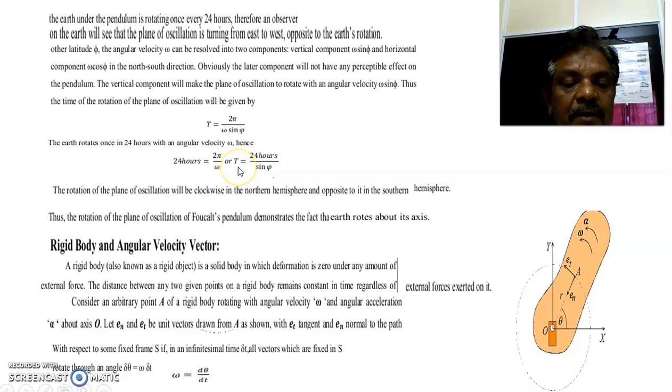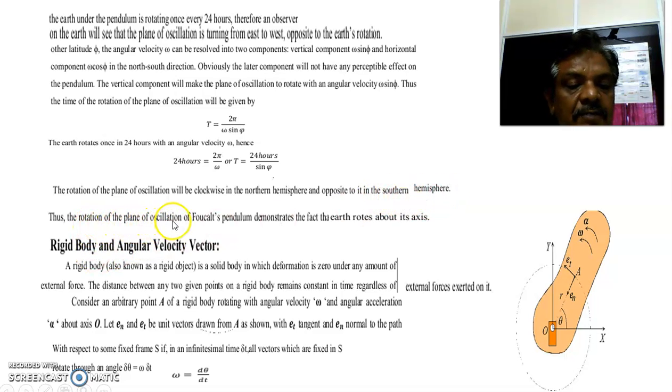So the Foucault pendulum time period T is equal to 24 hours by sin phi, and this indicates that the Foucault pendulum time period is affected by the earth's rotation. Hence, the plane of oscillation rotates clockwise in the northern hemisphere and opposite in the southern hemisphere.